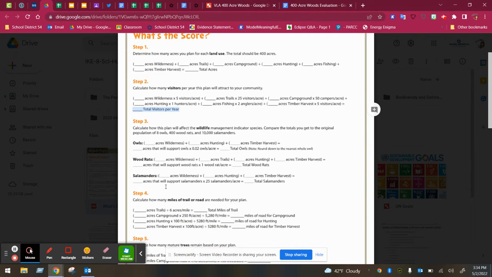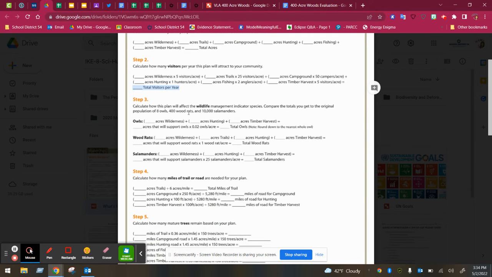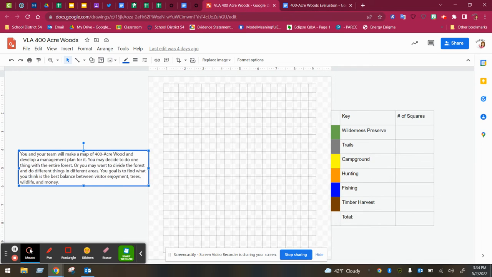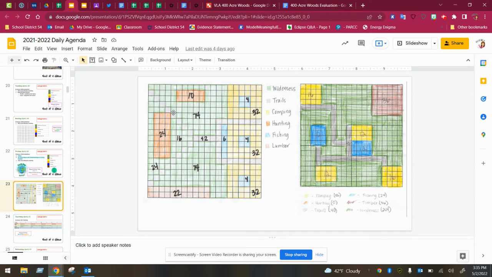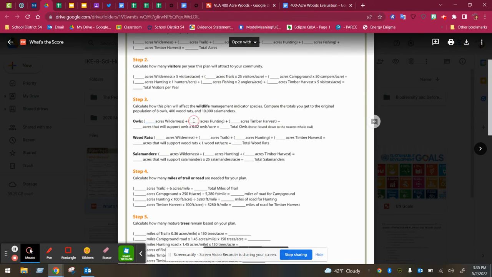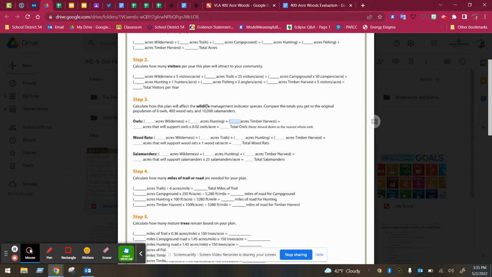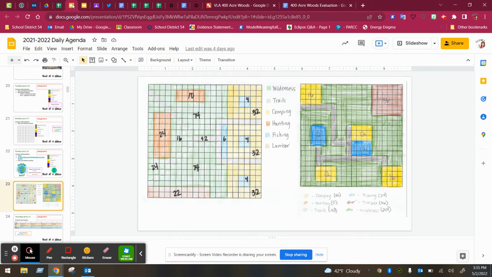In step three, you were figuring out what it did to the wildlife. Okay. So again, this was multi-step. You started by writing in, okay, I had 188 acres of wilderness. I had for mine 34 acres of hunting, plus then how many did I have? 22 acres of timber harvest.